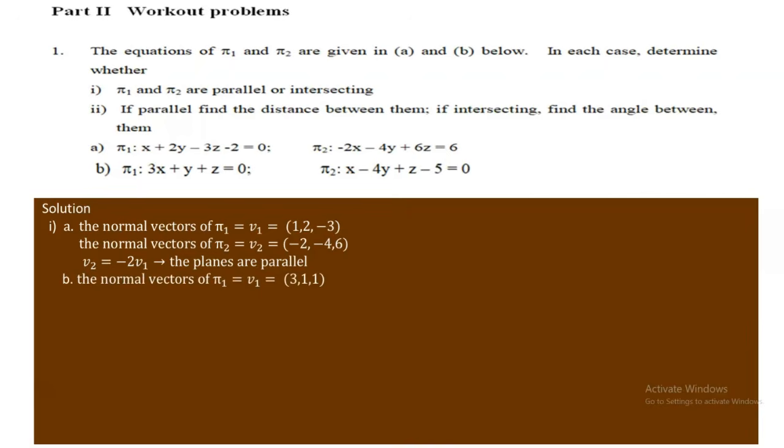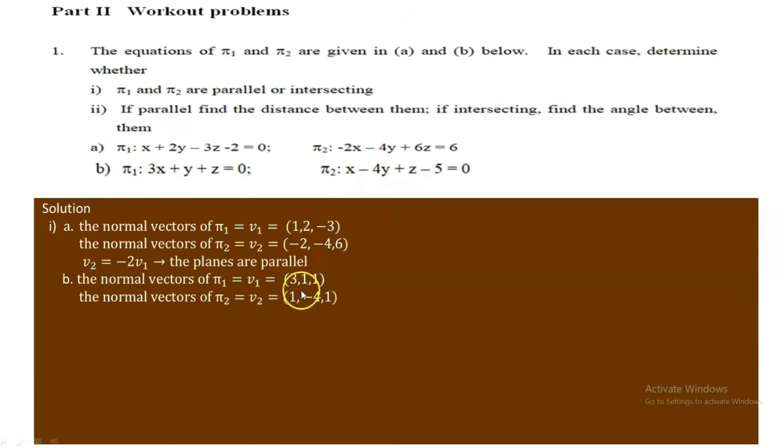But in the case of B, still in question number 1, the normal vector for plane pi 1 is 3, 1, 1, a vector with components 3, 1, 1. And the normal vector for plane pi 2 in B is 1, -4, 1, right?